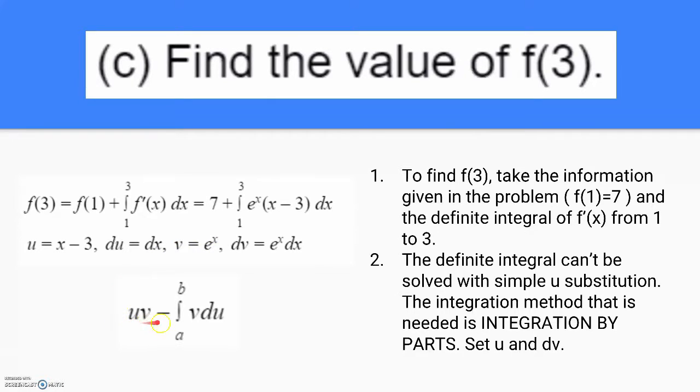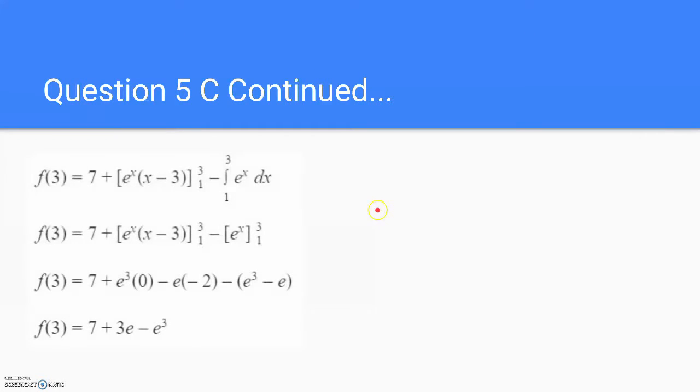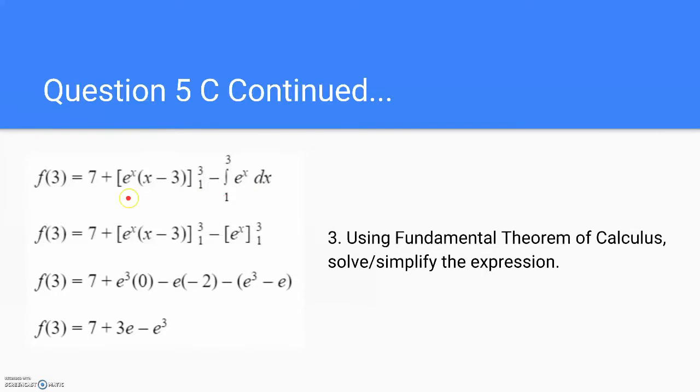Now here you have your integration by parts formula, so you can use this to integrate now. Remember that when you're using integration by parts and it's a definite integral, you have to include your bounds, so 1 to 3 and 1 to 3 over here. And by using the fundamental theorem of calculus, you can simplify this even further.